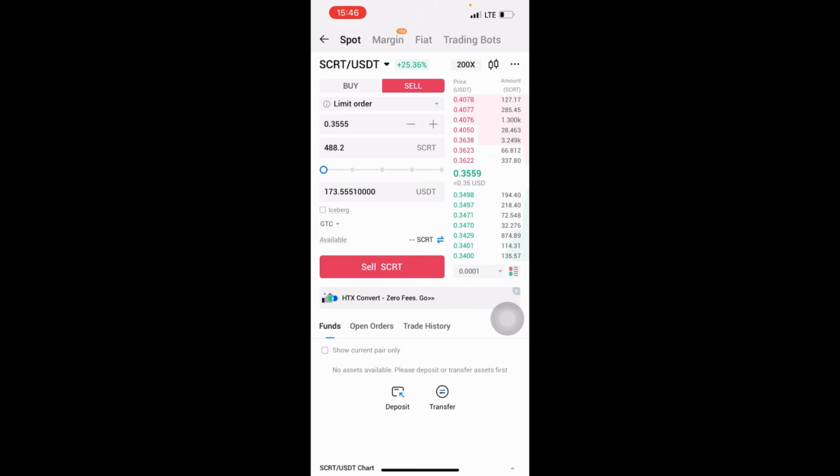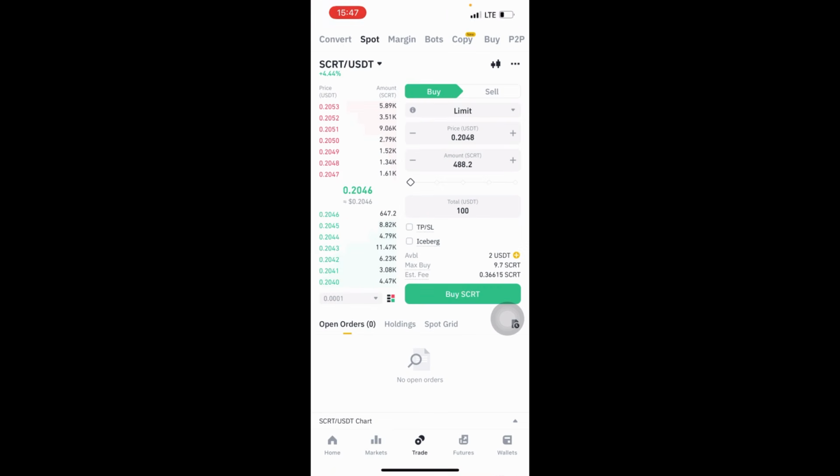So after considering everything, if I want to sell my Script coins over here, I'll be getting 173.55. So it means that I've made $73 profit on this one. You see, because on Binance here I spent $100 and I got 488.2 Script coins.